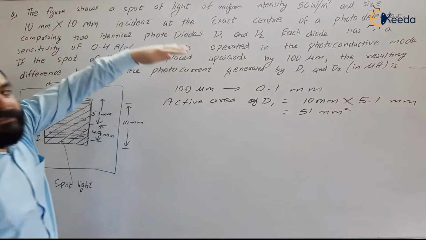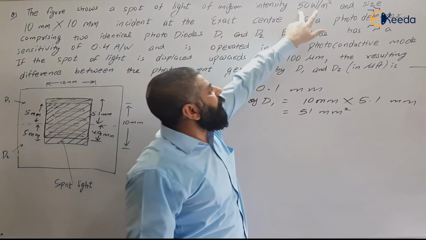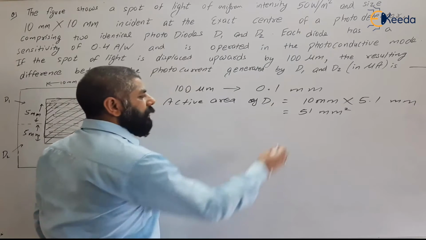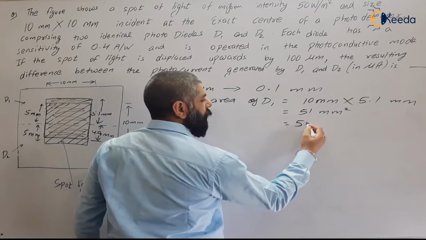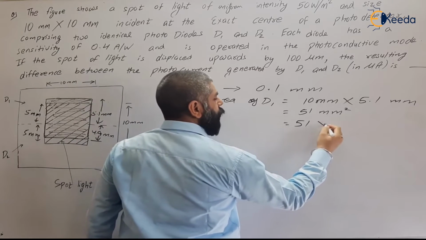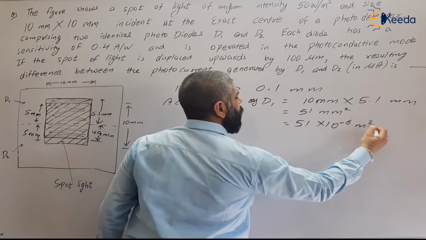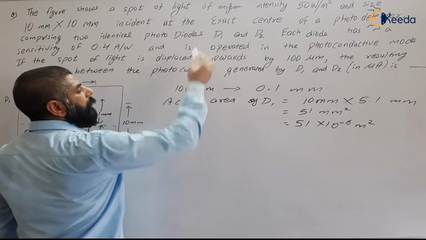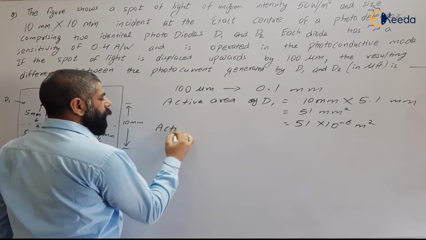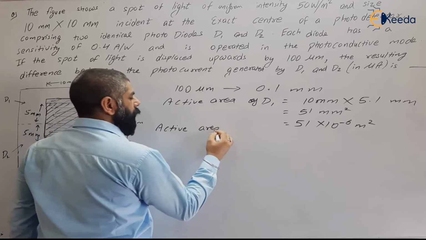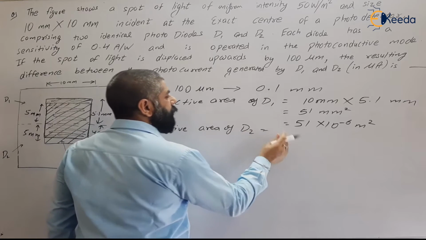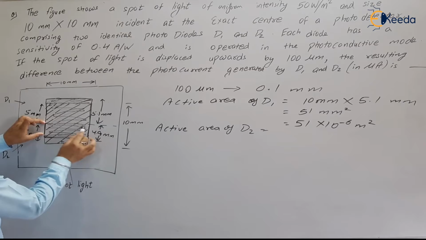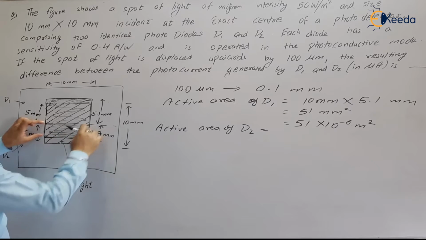But intensity of a light is given as 50 watt per meter square. Means active area is in meter square. So we will calculate 51 into 10 raised to minus 6 meter square. This is the active area. And if we calculate the active area of D2, this is 10 mm and this width is 4.9 mm.